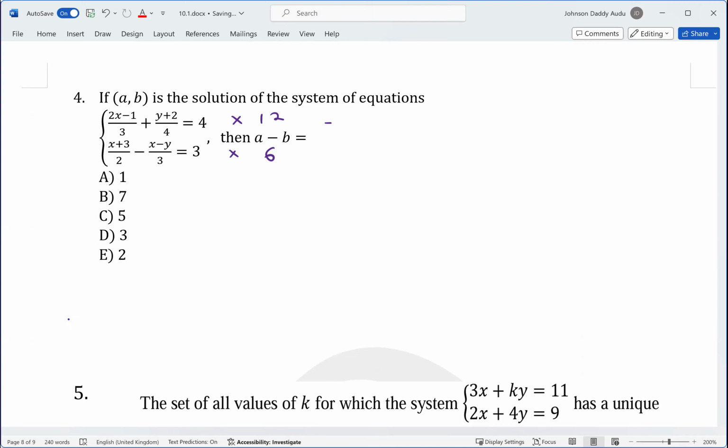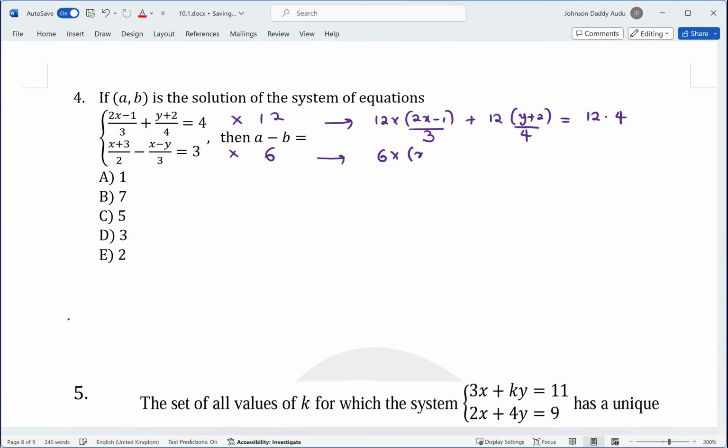If you multiply this by 12, this will become 12 times (2x minus 1) over 3 plus 12 times y plus 2 over 4. Make sure you put a bracket. Don't forget this bracket. So that is the LCD. Then this one will multiply by 6.